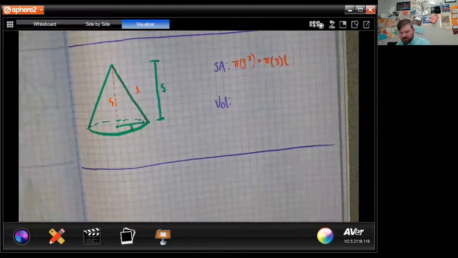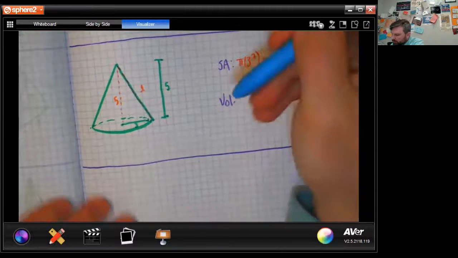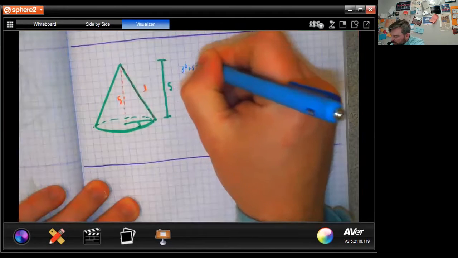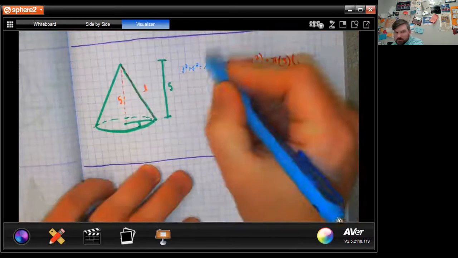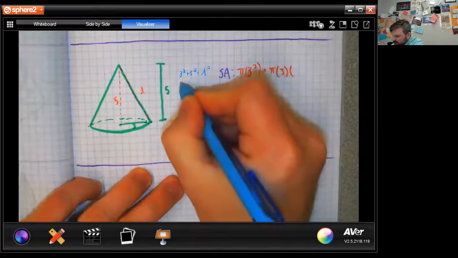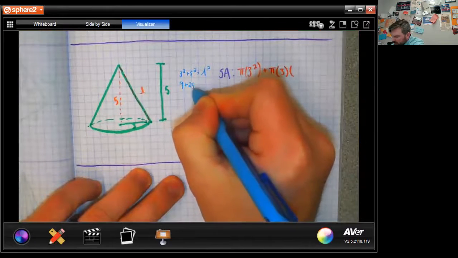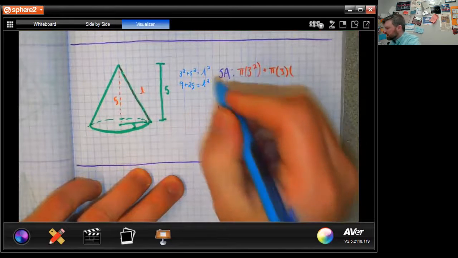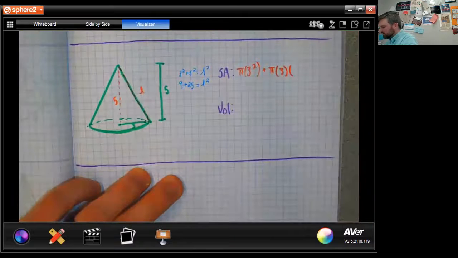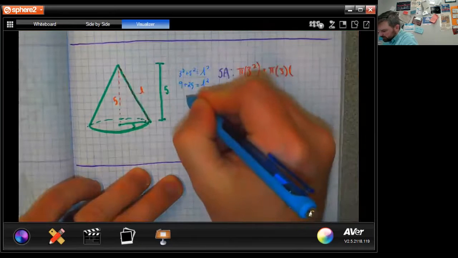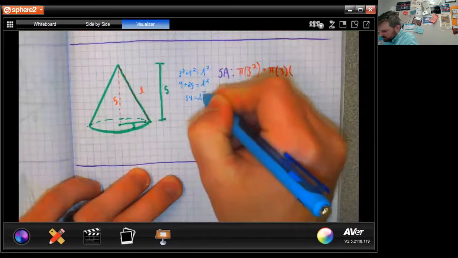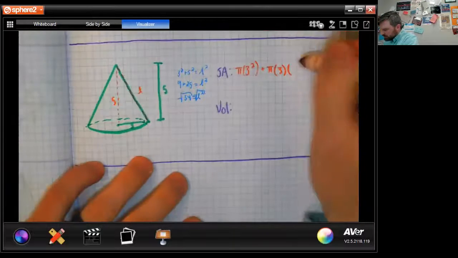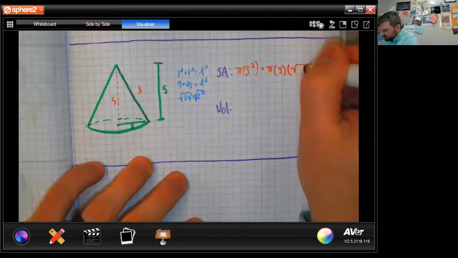Again, we're going to use the Pythagorean theorem similar to before. So we got 3 squared plus 5 squared equals L squared. So 3 squared is 9, 5 squared is 25, equals L squared. So 9 plus 25 is 34. And then you take the square root of that. 34 doesn't have a perfect square root, so we'll leave it as the square root of 34.